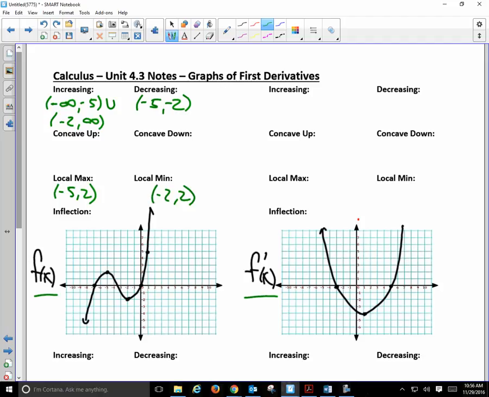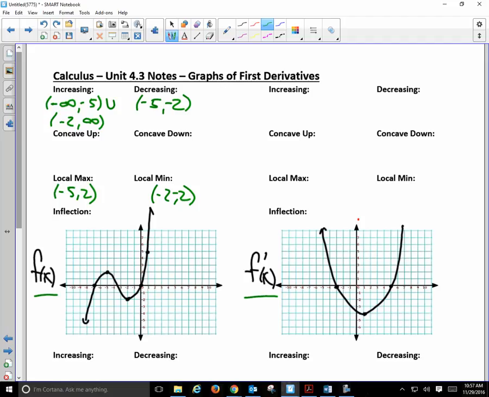Now concavity is really the second derivative test. Concave up, concave down. Right here, am I holding water or shedding water? Shedding water. So it's concave down here. It's concave up here. Where does it look like it kind of switches from concave down to concave up?